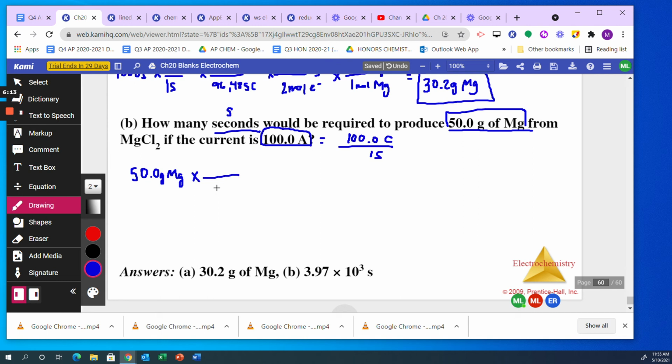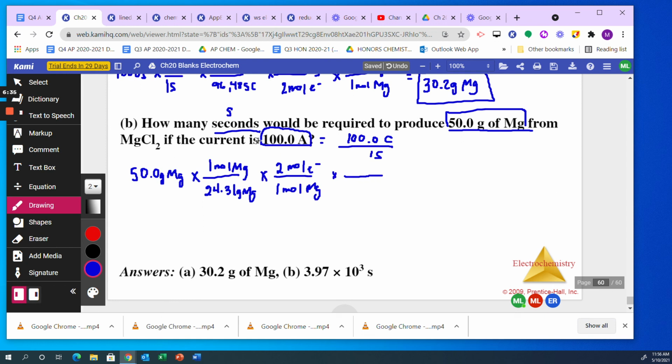Okay, change this to moles. Simple. 24.31 grams of magnesium is 1 mole of magnesium. Easy, right? 1 mole of magnesium. How many electrons will you need to make that? I'm going to need 2 moles of electrons, right? Because it used to be Mg plus 2.